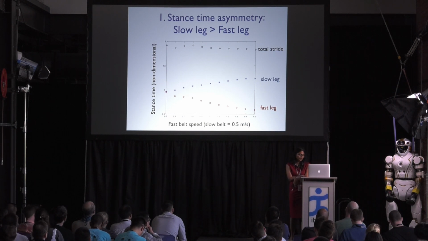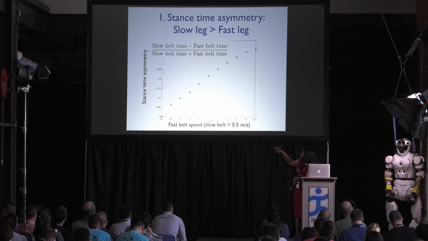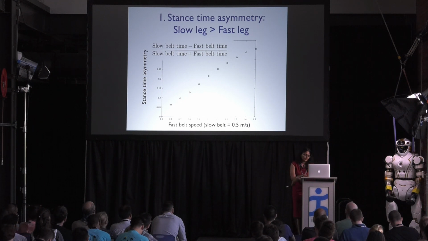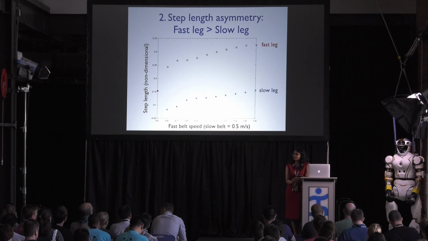We also predict that this stance time asymmetry would increase as the split belt asymmetry increases, meaning that if you hold the slow belt constant at 0.5 meters per second and then sweep through 0.5 to 1.5 on the fast belt, the predicted stance time asymmetry would also increase. And we're also able to predict the observation that people take longer steps on the fast belt and shorter steps on the slow belt.